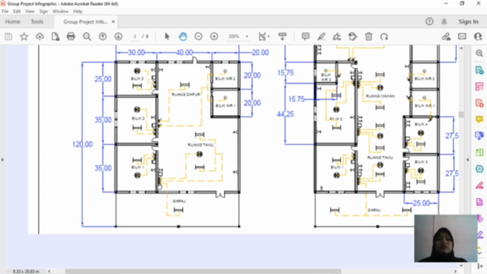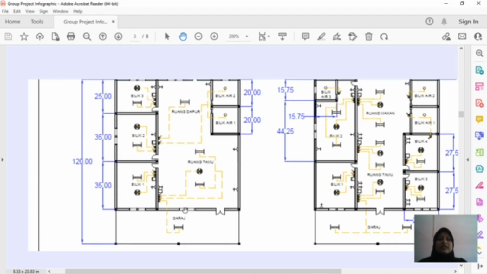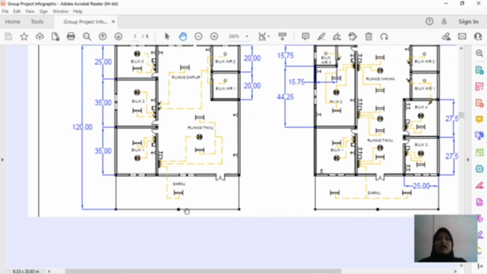For the switches at ruang tamu, 1 switch connects with the ceiling fan and 1 switch connects with 2 units of 2 tube 38 watt channel luminaire, and 1 switch for the garage connects with 1 unit of 2 tube 38 watt channel luminaire. So this is before renovation.